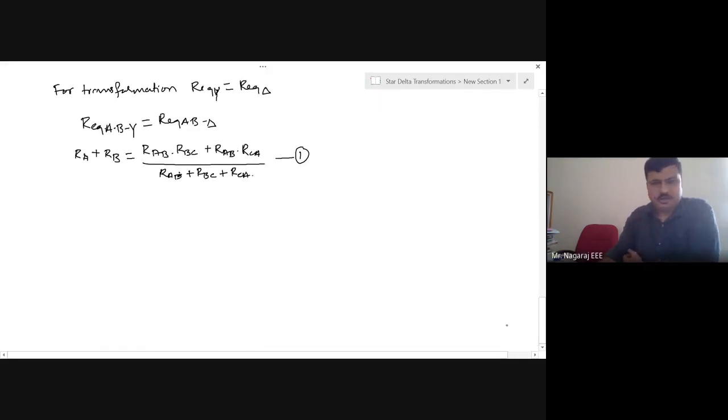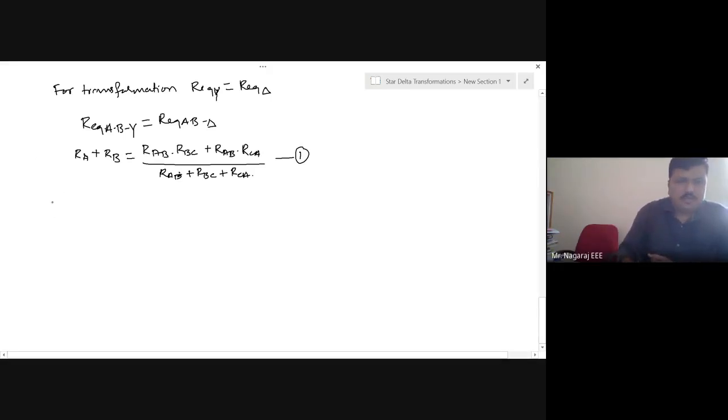Now similarly, I can take the equivalent resistance between B and C and between C and A, because between all the two terminals in star, it should be equivalent of that in delta.